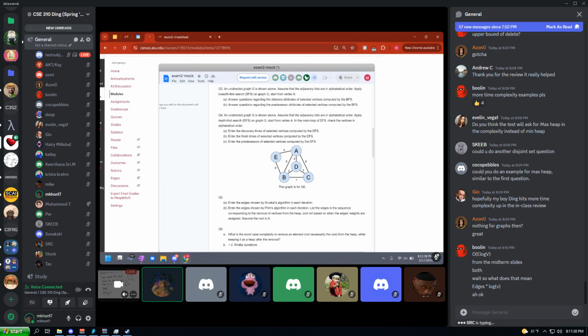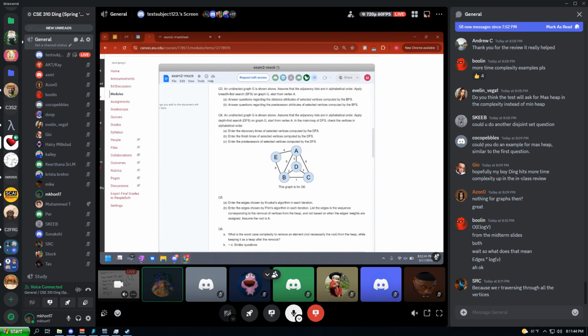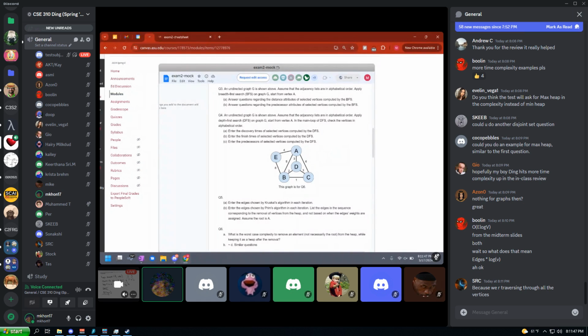Why is it that you need log V in addition to that? And you have to go through each vertex. But if you were traversing through all the vertices, it wouldn't be log V, it'd be V. It would just be the number of vertices.